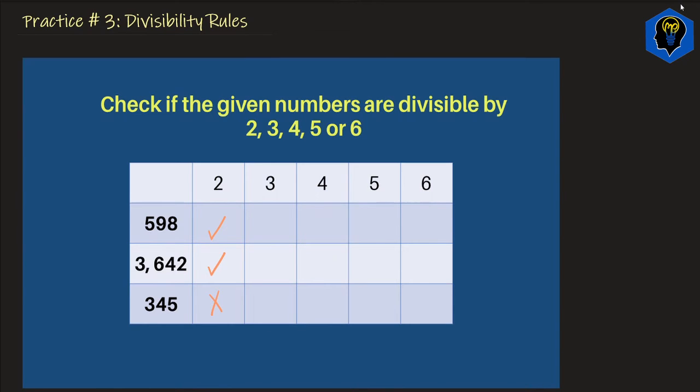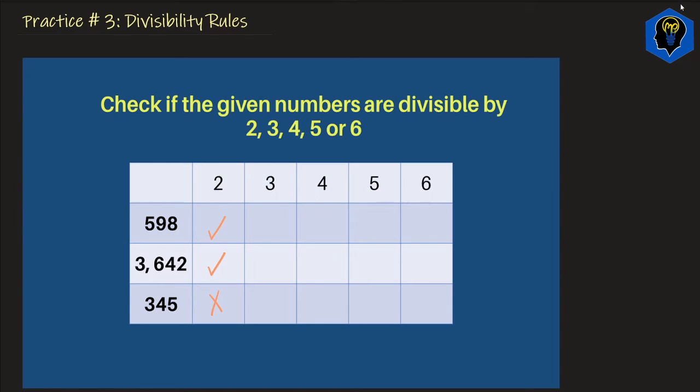How about divisibility for 3? What is our rule for divisibility for 3? Sige, i-recall nyo nga, paano natin yun makukuha if a number is divisible by 3? Ang tagal na recall, no? Okay. So, simply, we add the digits.